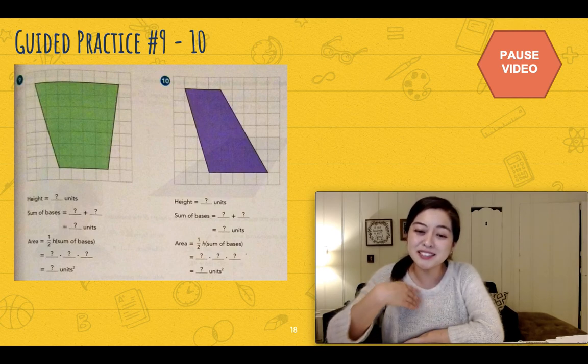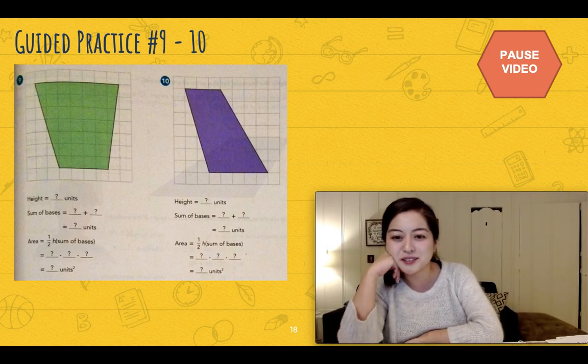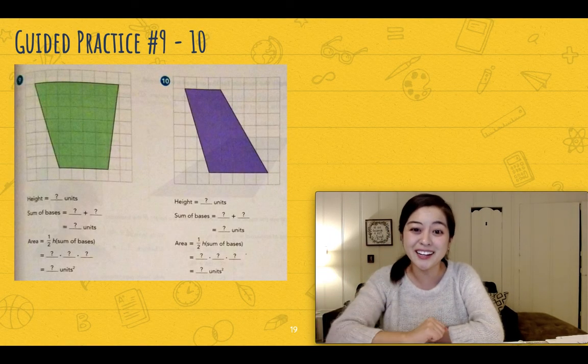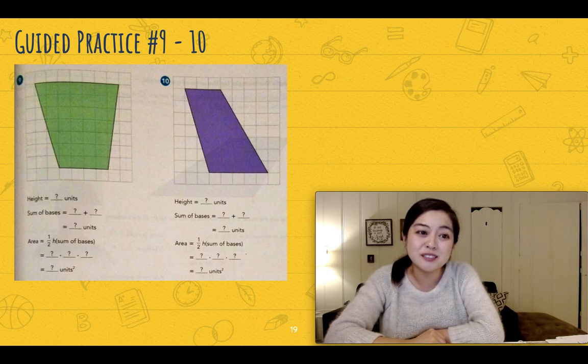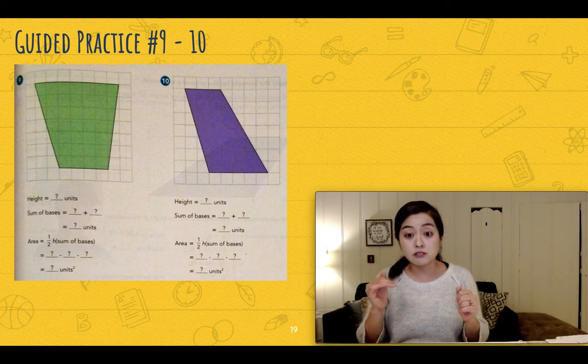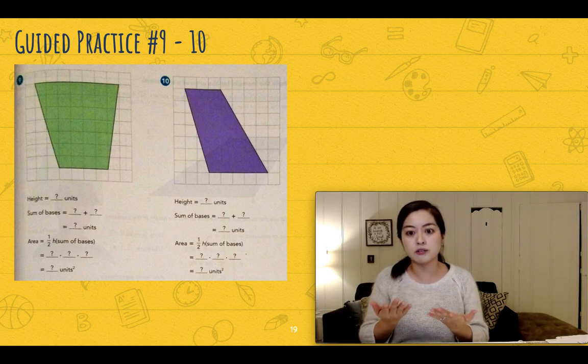All right. Please do 9 and 10, and I'll see you in a couple of minutes. Hey, welcome back. All right. Let's do 9 and 10 at the same time. Okay. Again, for me, it's easier when I look at a trapezoid to determine the bases first. I don't know about you if that's easier.